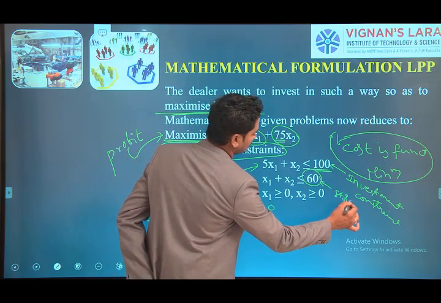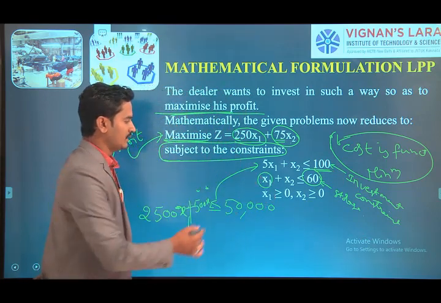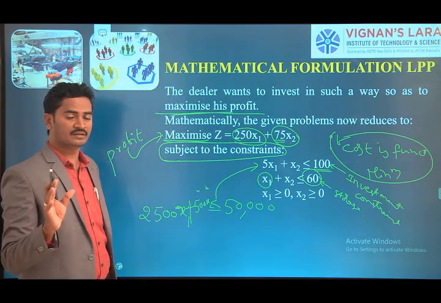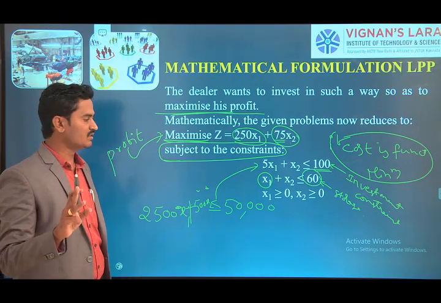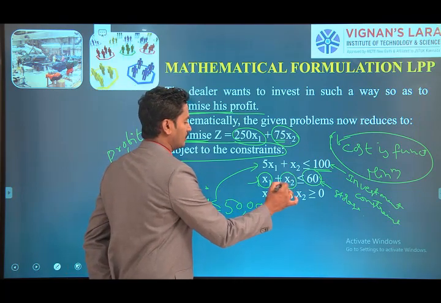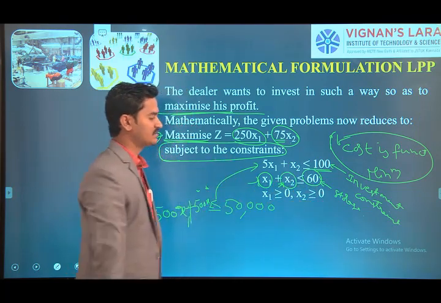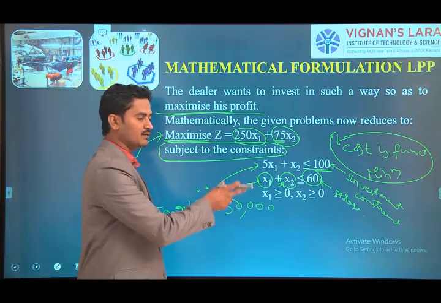It is the second constraint, the storage constraint. Here he is going to sell only 2 items, those are tables and chairs. So that's why here we are taking x1 plus x2 less than or equal to 60. These two are the constraints: investment cost and storage.